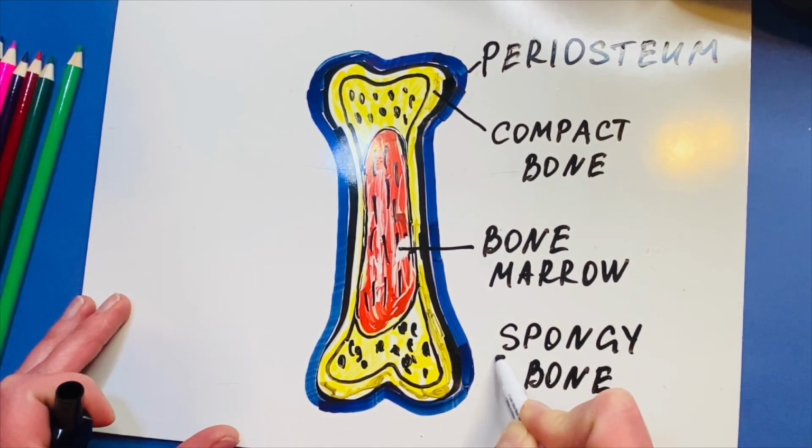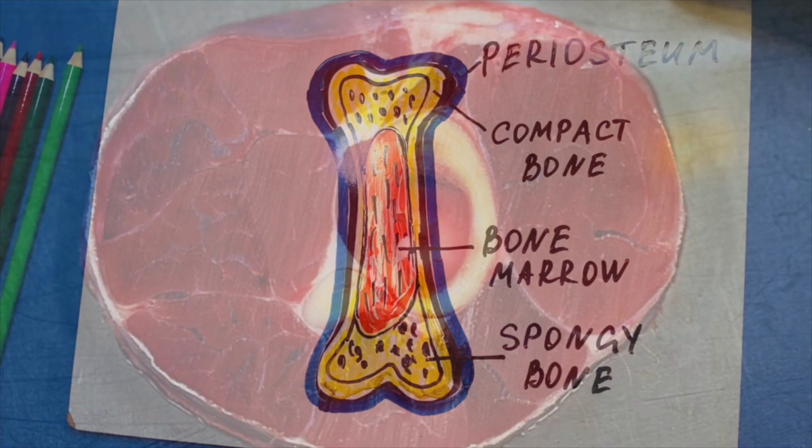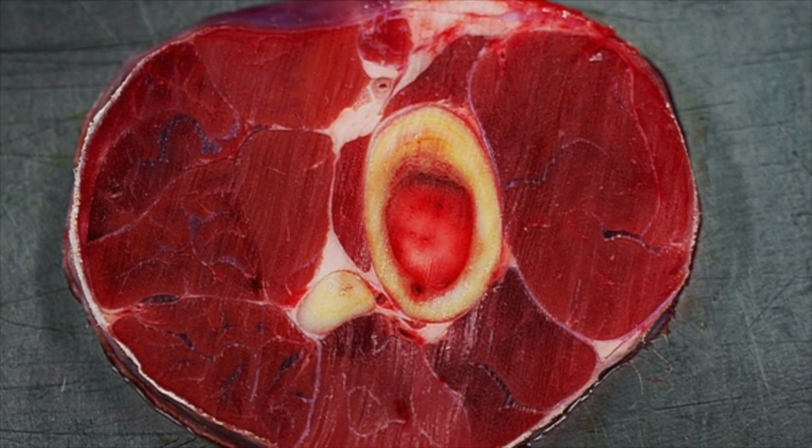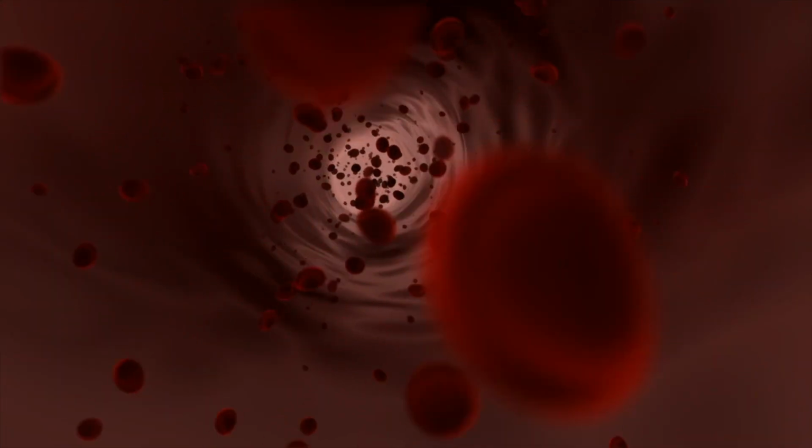And finally, bone marrow fills bone cavities and spaces in the spongy bone. Bone marrow is either yellow or red. The yellow bone marrow is made of fat, while the red marrow is made of material that produces blood cells.